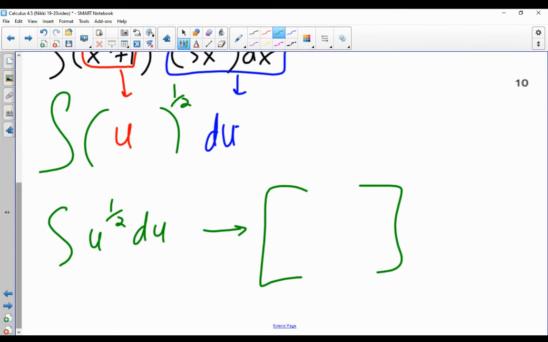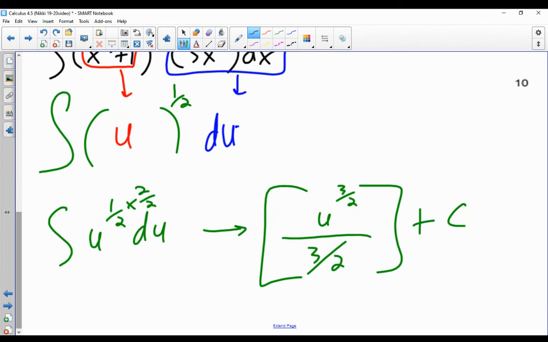Just like before, you gotta add 1 to the power, but we should rewrite that 1 as 2 over 2. So 1/2 plus 2/2 will give us u to the 3/2. And then divide by that new power, 3 divided by 2. And that will give us plus c.